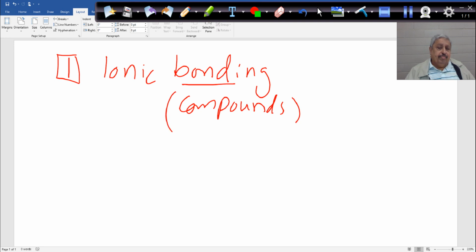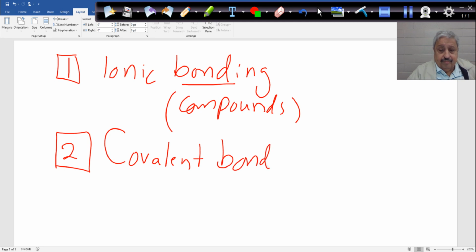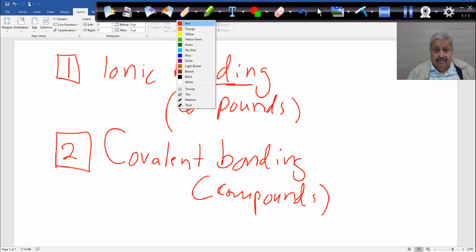So ionic bonding, which are ionic compounds, and then the second one we call covalent bonding. So we have two types of bonding we are dealing with. Those are chemical bonding. We'll start by looking at the ionic bonding.